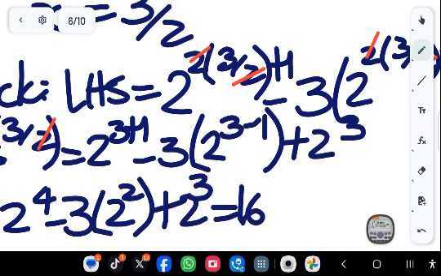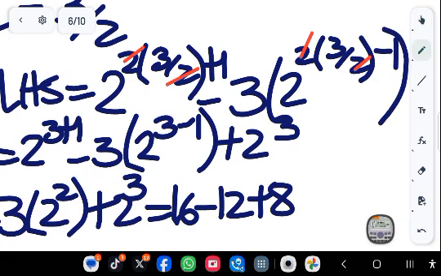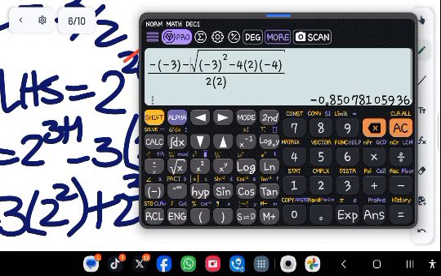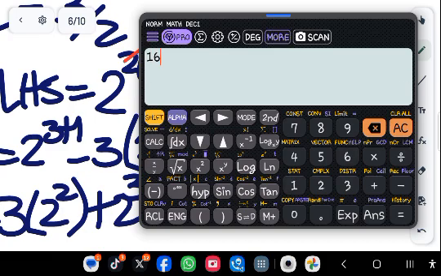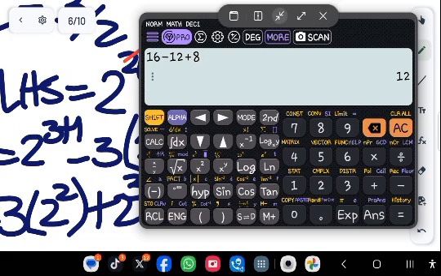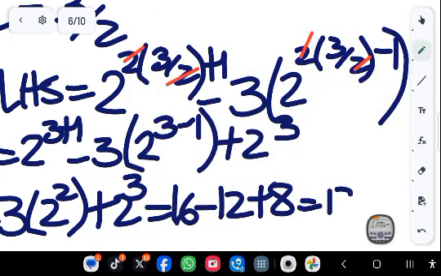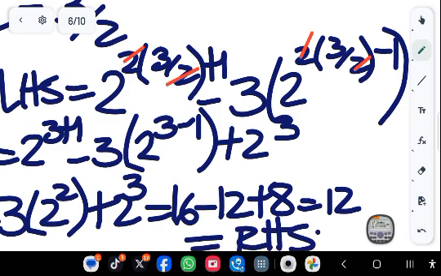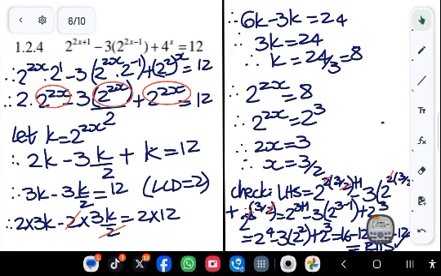So that is 16 minus 3 times 4, that is 12, plus 8. 16 minus 12 plus 8 equals 12, which equals the right hand side, meaning that x equals 3 over 2 is the correct solution.